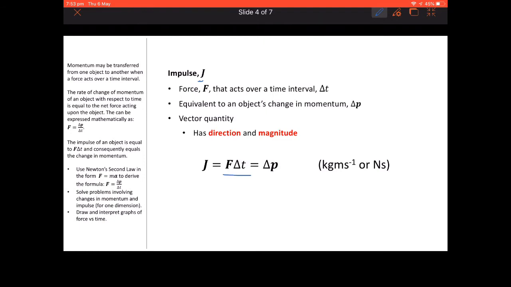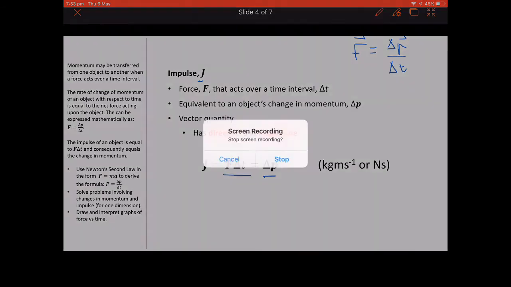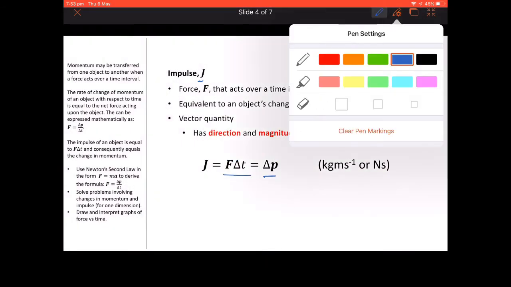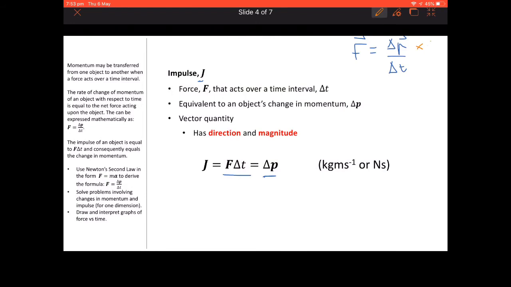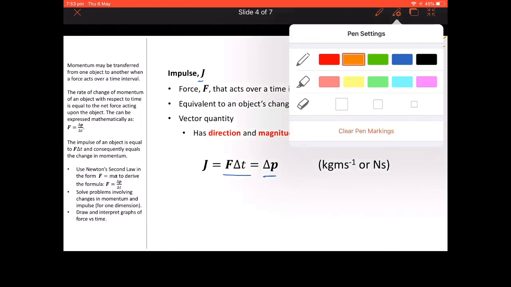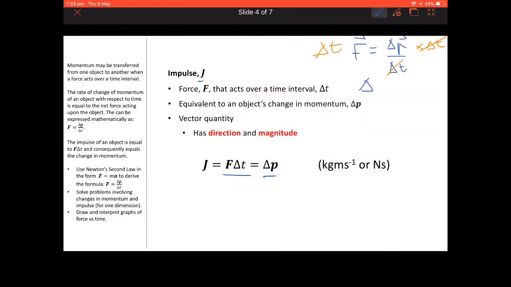It's also equivalent to the change in momentum, because if you think about force being equal to the change in momentum over the change in time, if you multiply both sides by the change in time, it will cancel out there, and you'll be left with momentum on one side is equal to force by the change in time.